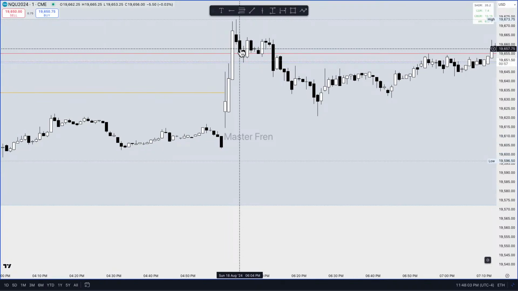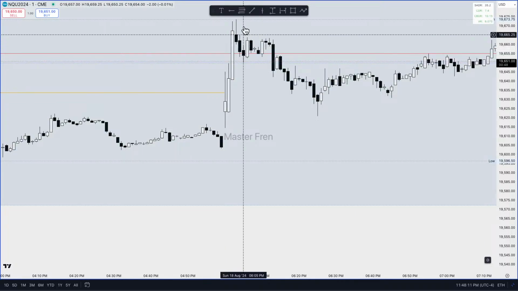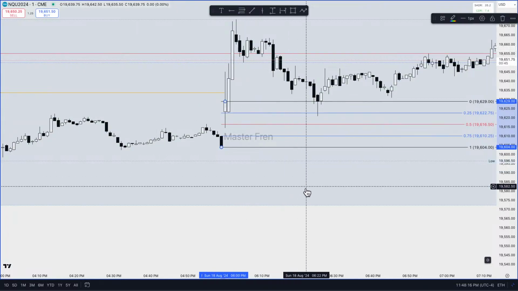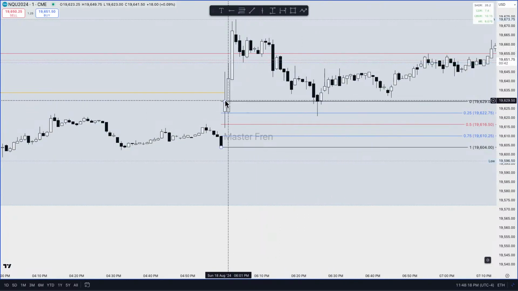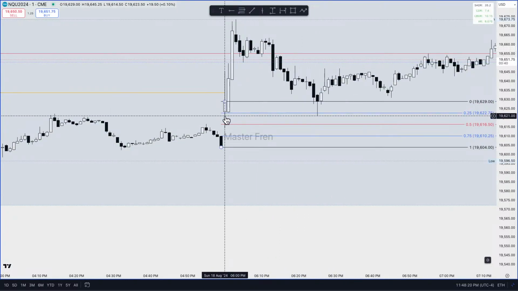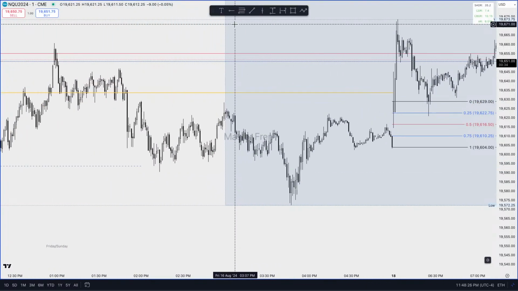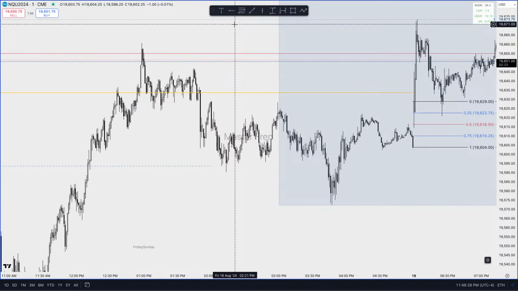Now, I want you to remember what volume imbalances are when they are being printed live. They are vacuum blocks. And how you use a vacuum block is you will likely come to the midway point and run out liquidity. Did that happen? Yes. Right in the open.